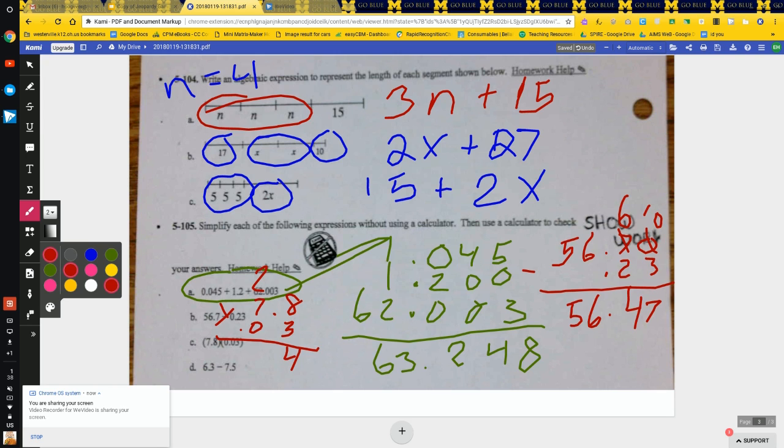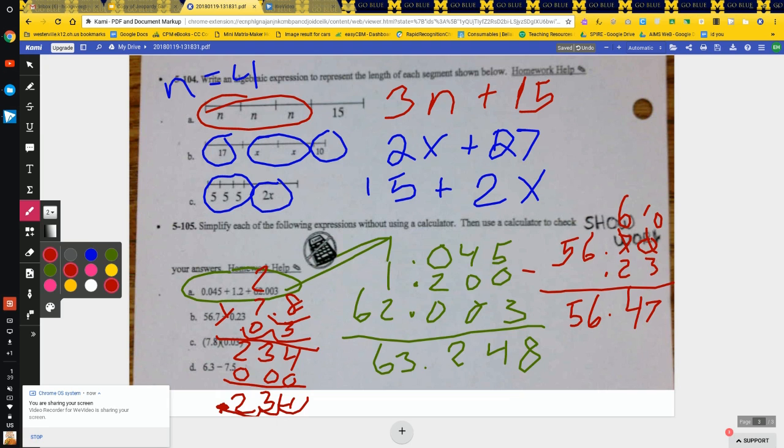Carry my 2. 7 times 3 is 21, 22, 23. Place value, bring down my 0. 0 times 8 is 0. 0 times 7 is 0. So basically I have 234. Gotta go over 1 place, 2 places, 3 places to the right, 1, 2, 3 to the left. So you should have 234 thousandths.